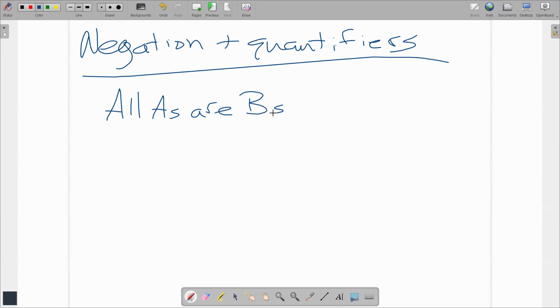Could be something like all even numbers are divisible by 2, which was a statement I made earlier. A and B could be any kind of simple statement. Negation of that: some A's are B's.